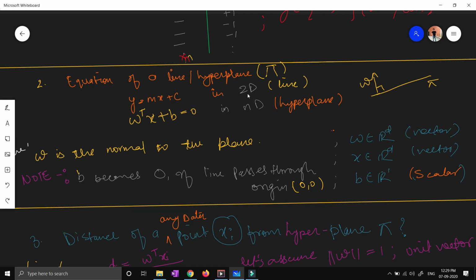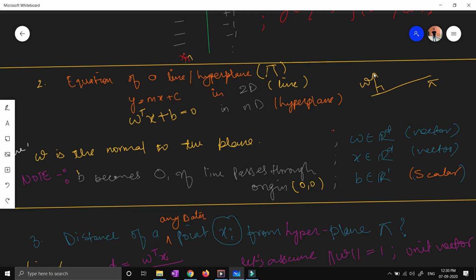If it is a hyperplane, in higher dimensions like 3D and n dimensions, then through linear algebra it is w transpose x plus b, where b is an intercept term, a scalar. x is the feature vector which is given to us, and w is also a d-dimensional vector.